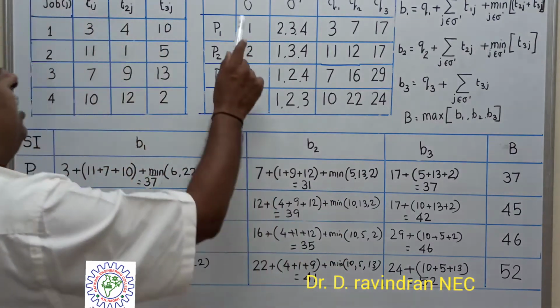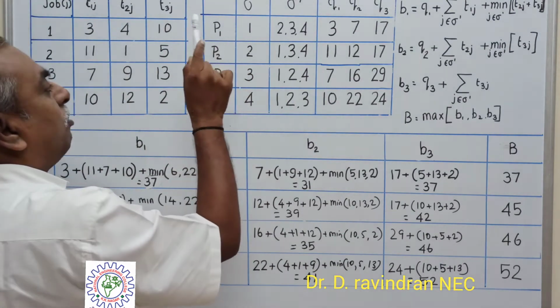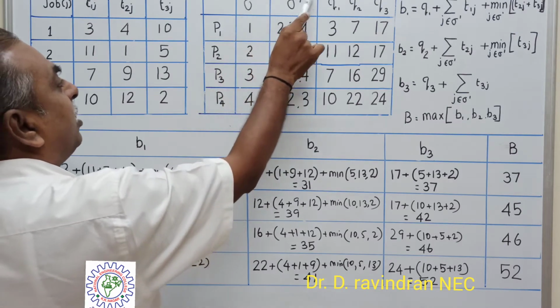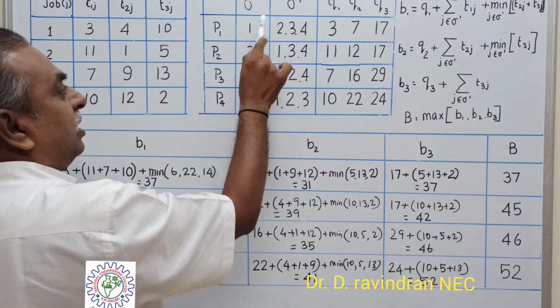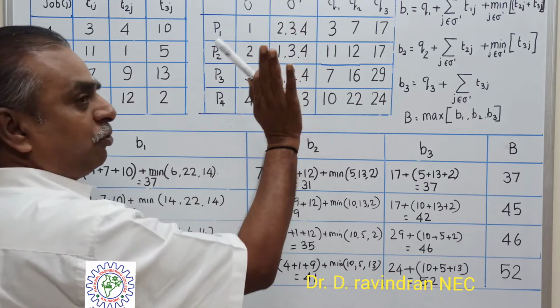Now, this is the first stage. Let us consider that job 1 is processed first. So here there is a partial sequence, which has 1. Then the remaining jobs will be 2, 3, 4, because there are 4 jobs.